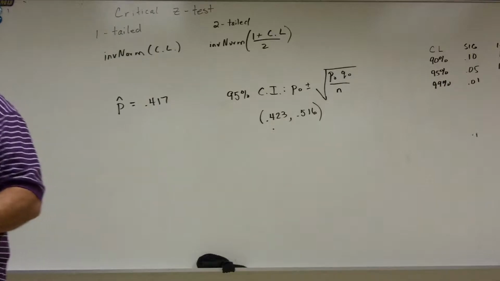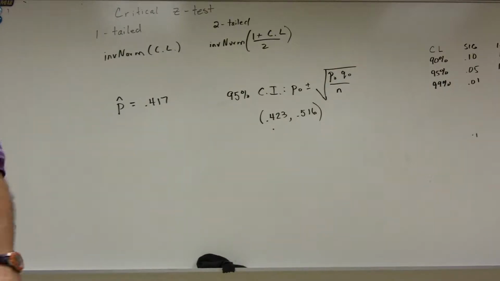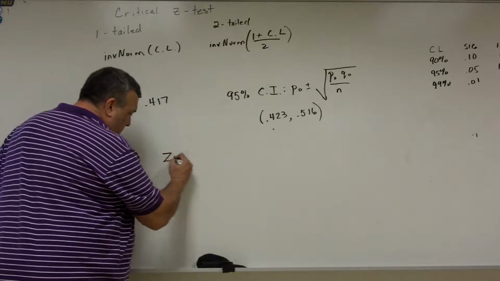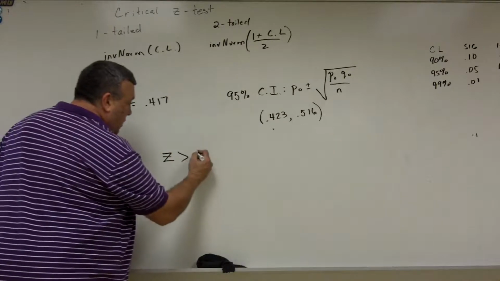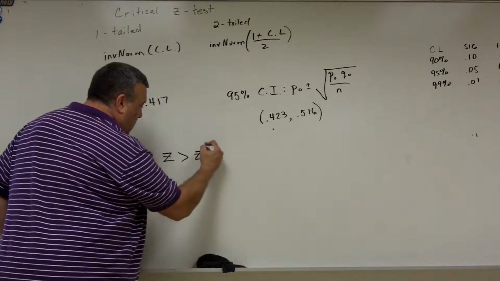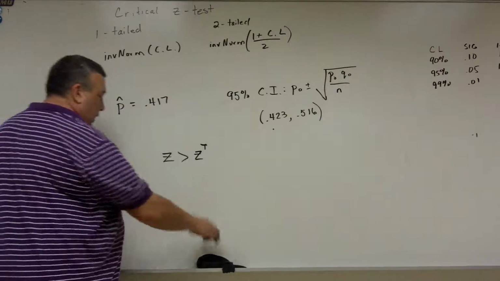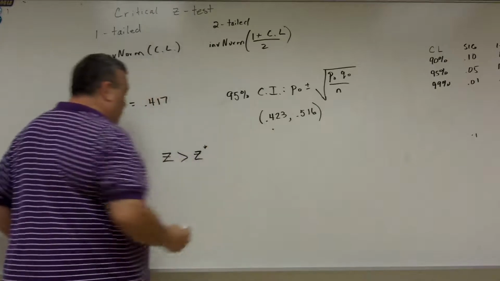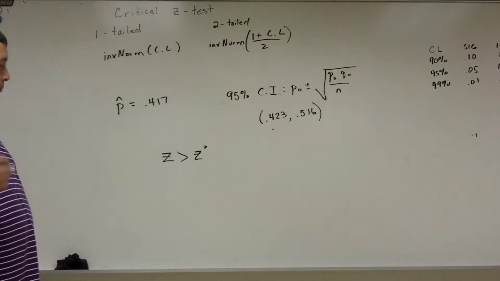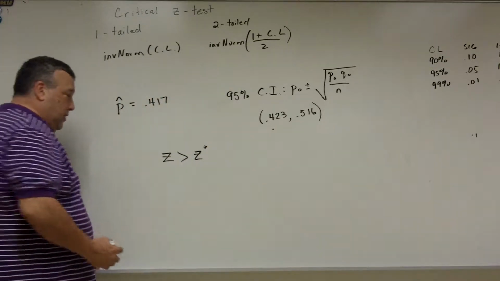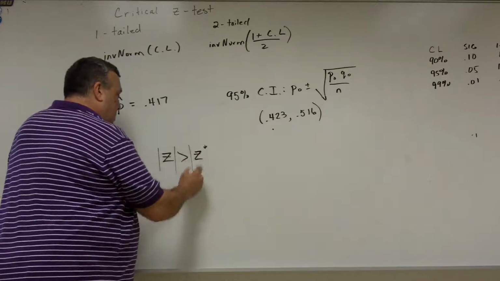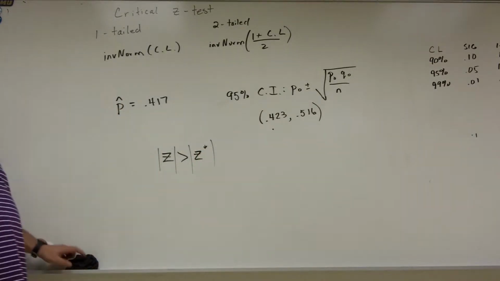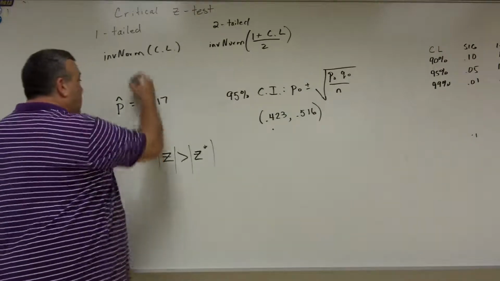Okay, so the two ways that I really talked about a lot is if z is greater than z star, or really, I guess we really should say the absolute values, but we'll just stick with this. Okay. If z is greater than z star, or further away from 0, then we also have significant results. Okay. So.